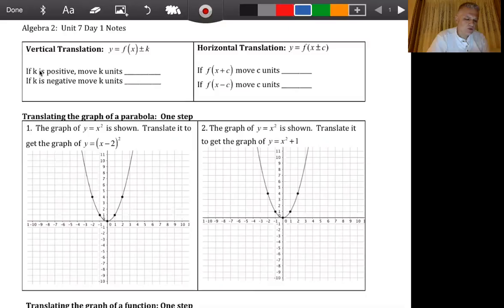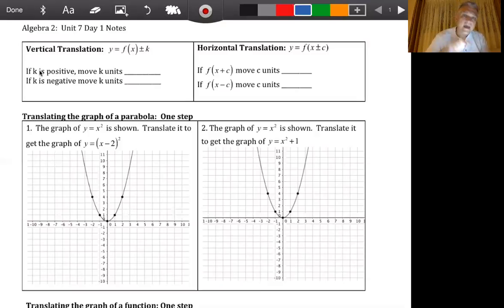If we want to move vertically, which means either up or down, then when you have your function f of x, whatever that function is, if you add or subtract a constant outside of the parentheses that hold x, it's going to affect the y.